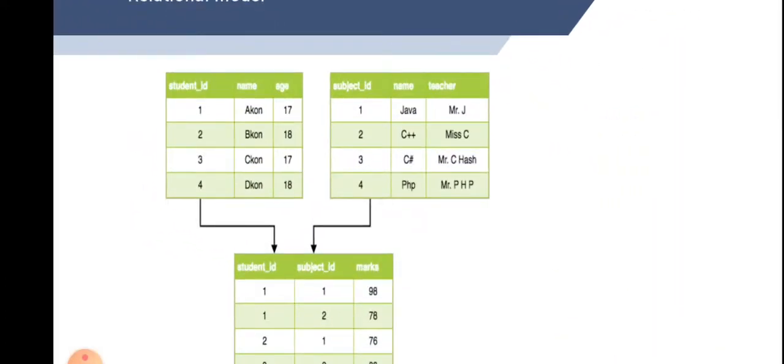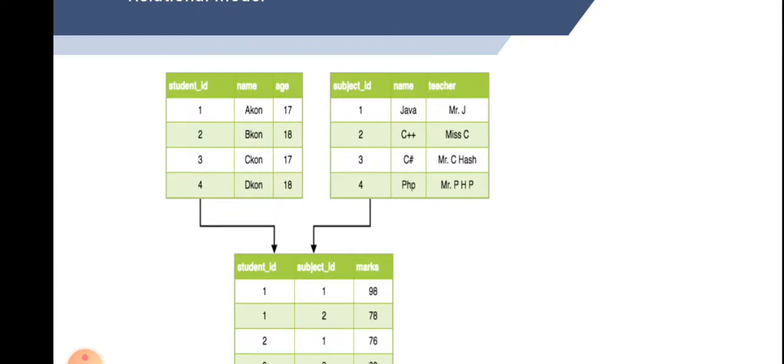So that's a diagram. In this diagram we can say that there is one table containing student name and age, and another table containing student name and teacher. With the help of these two tables we can make another table which is linked with these two tables. So we can say that student id is common.